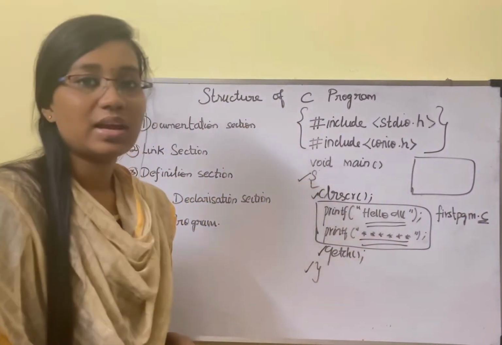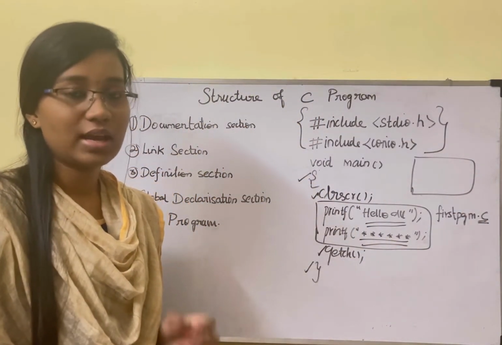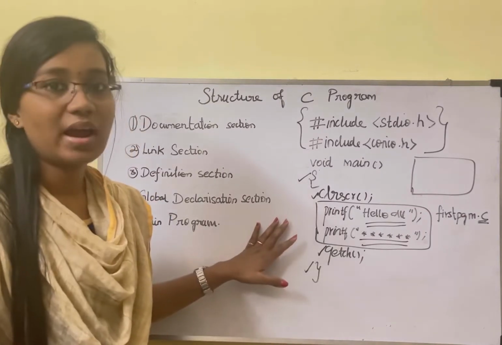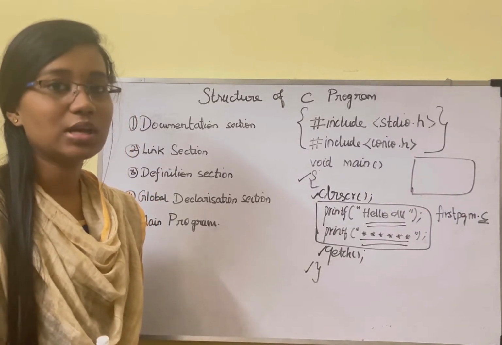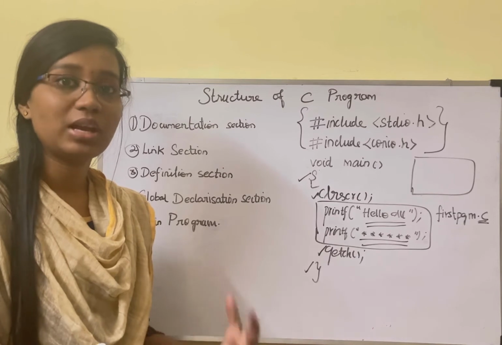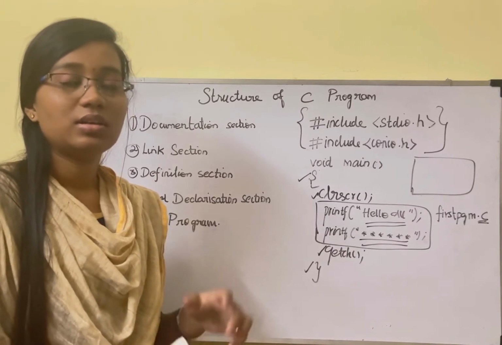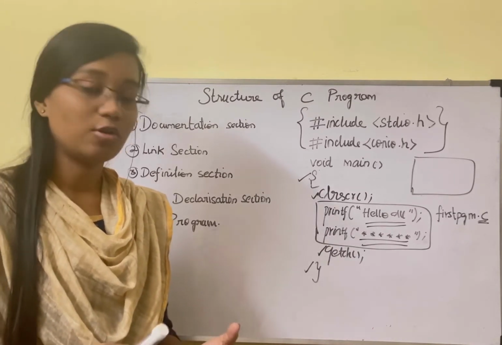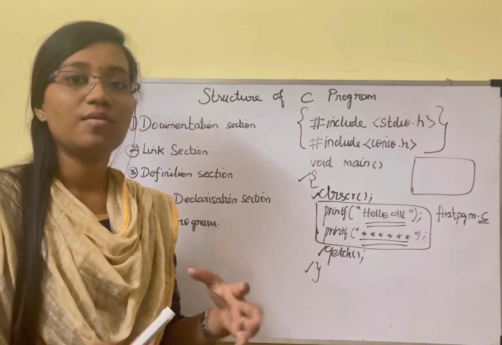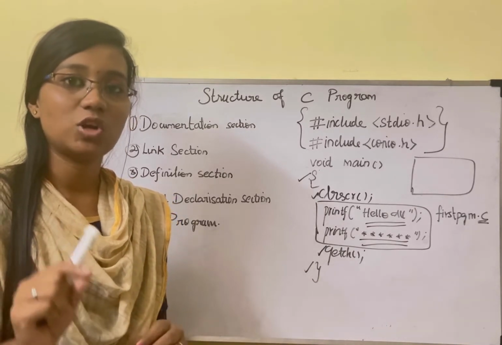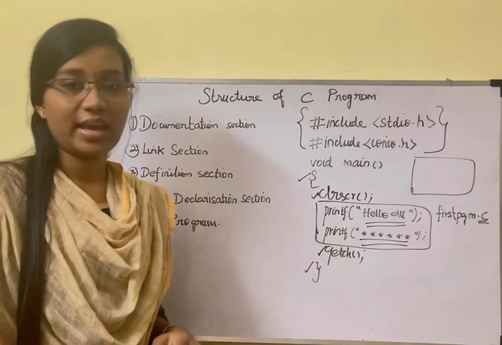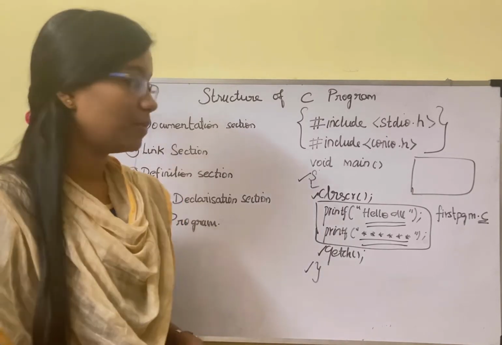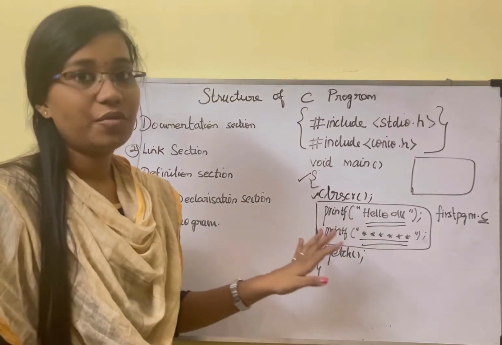And in my introduction video, I forgot to say a point: C is a platform dependent programming language. Unlike C, Java is a platform independent language, which means a Java program we can write anywhere, like in Notepad, Excel, PowerPoint, and save as .java. With the .java extension, we can run the Java program. But C is platform dependent.